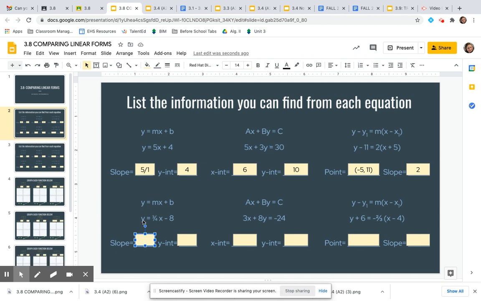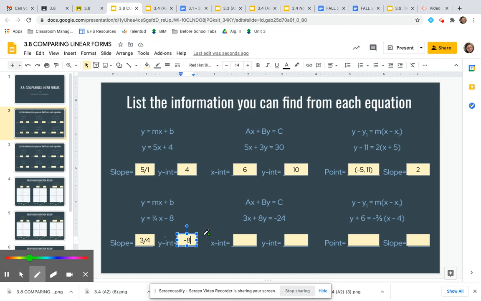So on this one, your slope is the number in front of x, which is 3/4. Your y-intercept is the number at the end, which, be careful, it's not 8, it's negative 8. And then over here, this is the one where you cross out your y's for a second, and this would leave you with 3x equals negative 24.